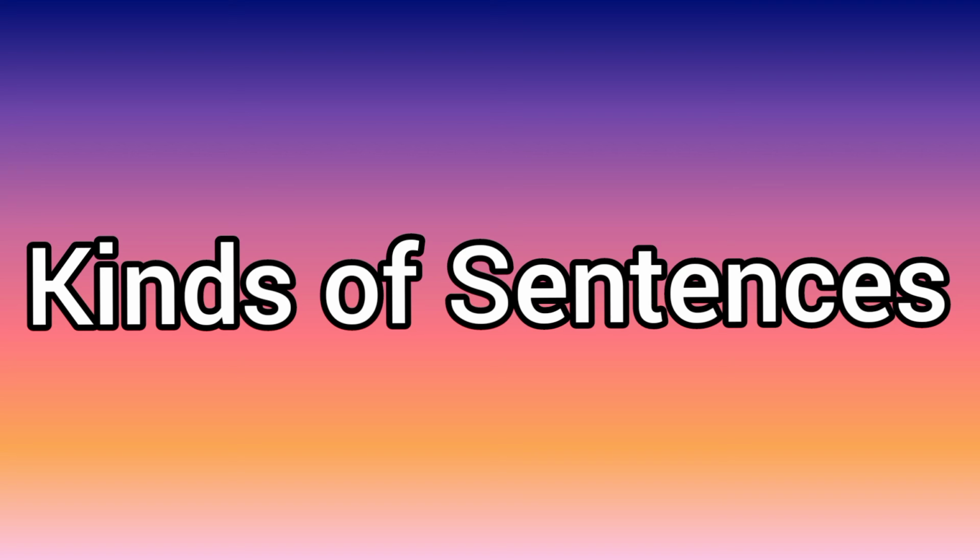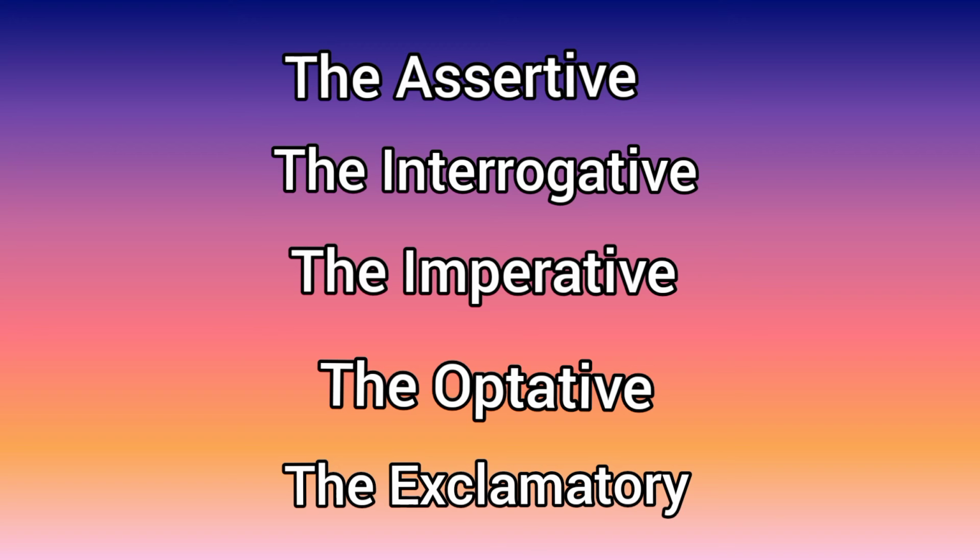And these 5 kinds of sentences are the assertive sentence, which makes a statement; the interrogative sentence, it's a question; the imperative sentence, it expresses a command or request; the optative sentence, it expresses a blessing or a prayer or a wish; and the exclamatory sentence, which expresses a strong emotion of the mind.